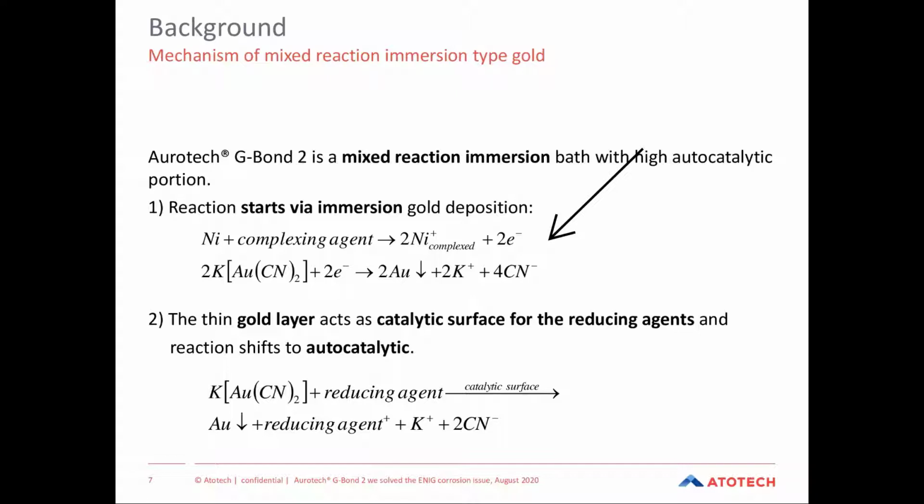Then, as soon as some gold seedings are deposited, these gold seedings act as a catalytic surface for the reducing agent in this solution. Then the reaction shifts to the autocatalytic reaction, and the reducing agents take over, which really helps to reduce the immersion attack to an absolute minimum. So this is how the Aurotech G-Bond 2 also works.